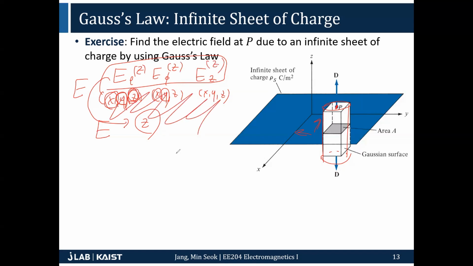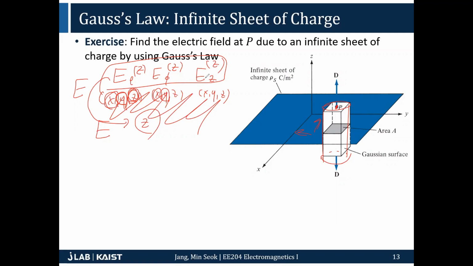And then we need to talk about whether E rho and E phi components are possible or not. And E z is possible. So how do we know whether E rho or E phi is impossible?